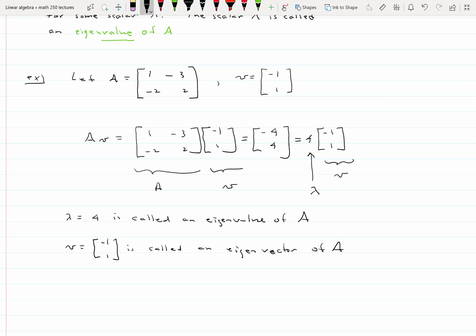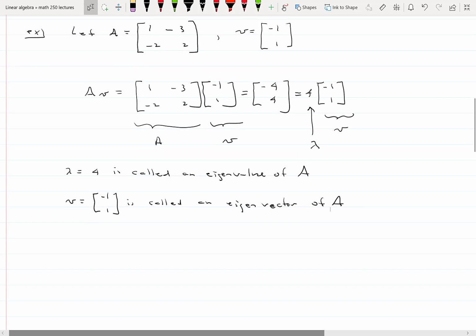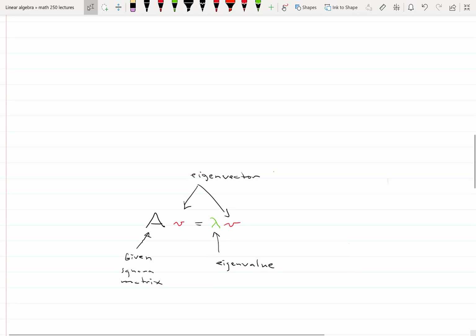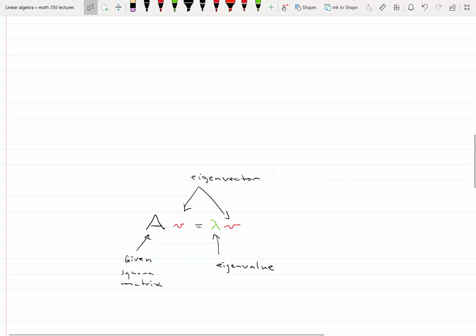Just to make sure we're all on the same page here, we're given a matrix A, and it's a square matrix. We're not given V or lambda, but when we find V, and we multiply A times V, and we end up getting the original V again, just differing by a scalar multiple, we have an eigenvalue and eigenvector situation.